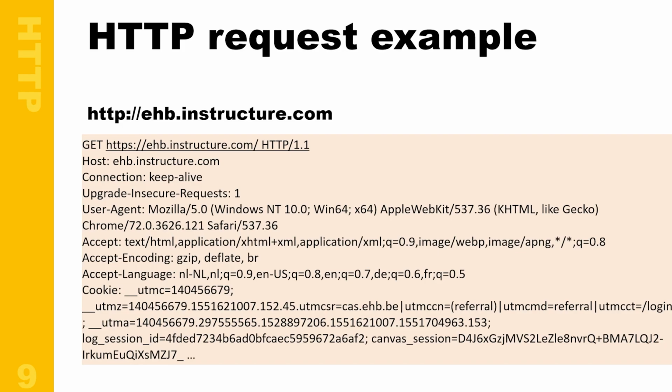These are still headers that are automatically added by my browser, and my browser would be Mozilla that I would be using. If we go further down, we see the accept, accept encoding, and accept language. Those are standard headers that are added to it, as in I accept back text HTML, application HTML, etc.